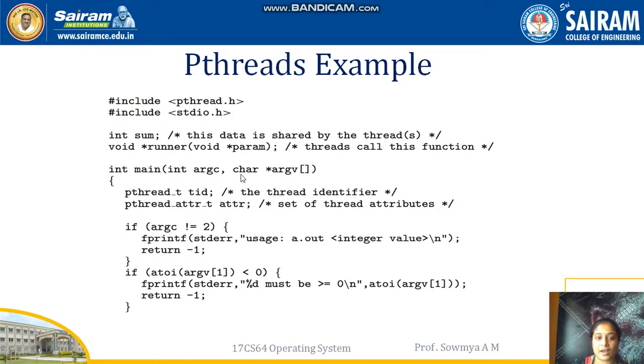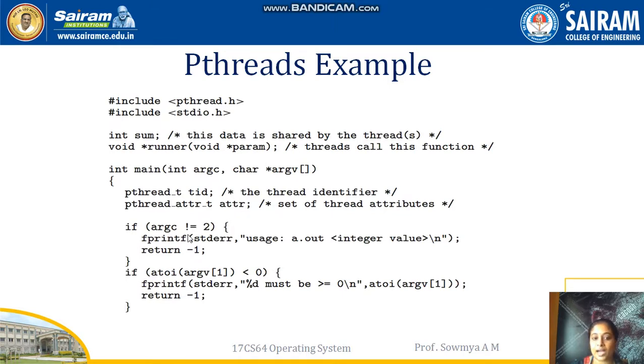We have the command line arguments and variables: argc, the size of argv, and the actual values of the argv array. pthread_t tid is the thread identifier number, like a process identifier number; for every thread there is an identifier number. pthread_attr_t represents the attributes of the thread.